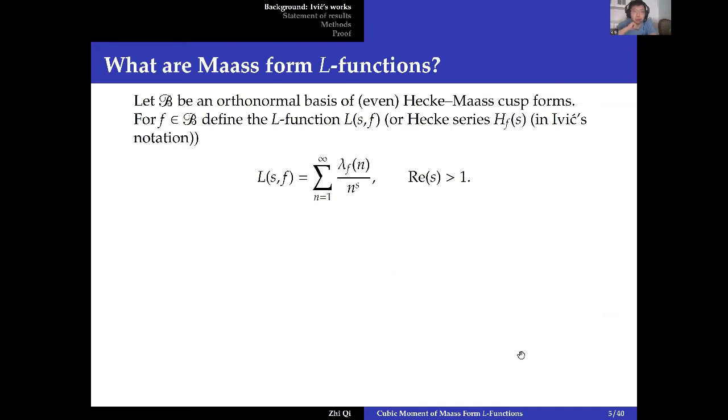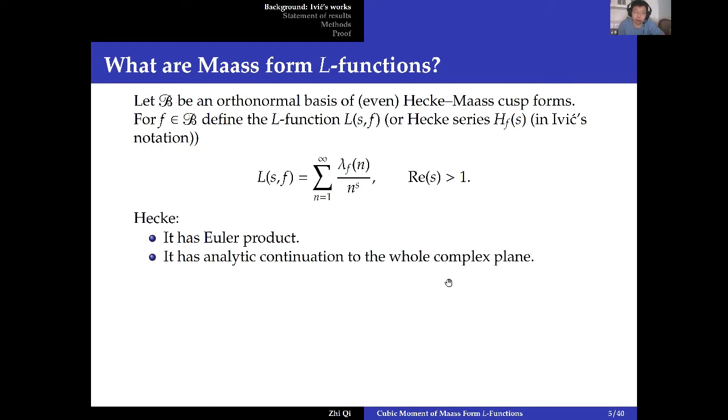We're going to take this capital B to be an orthonormal basis of, usually, even Hecke cusp forms, and this L function will be defined by this Dirichlet series and its analytic continuation. In Ivic's notation, he usually writes it as H, and here H stands for Hecke series, but I'm going to use the more standard notation as L function.